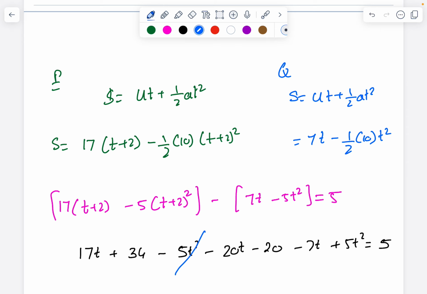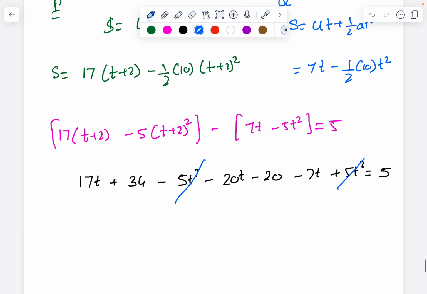So 5t square cancels. Now what does it become? Minus 10t, and 14 and 5 gives 9. So 9 minus 10t equals 0. So t equals 0.9 seconds.